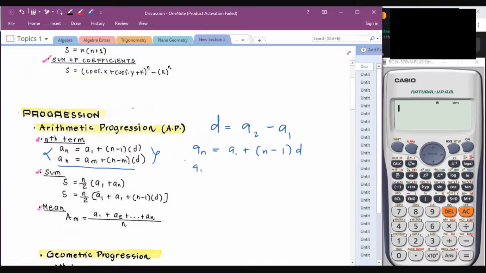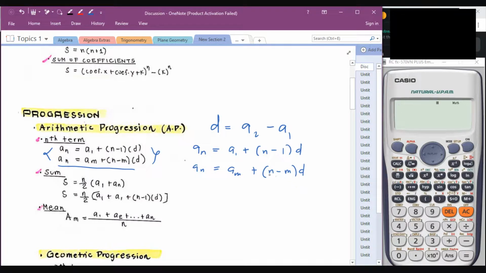So, you are looking for the nth term given any term, where am is any term that is given within the progression, plus the difference between the order of the term that you are looking for and the order of the given term, multiplied by the common difference d.